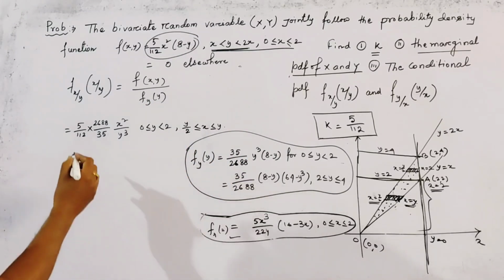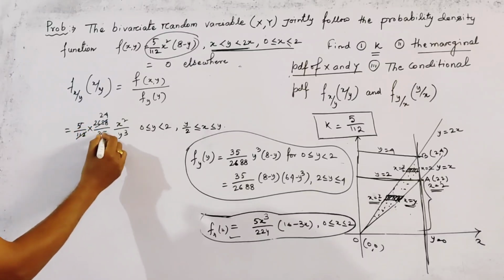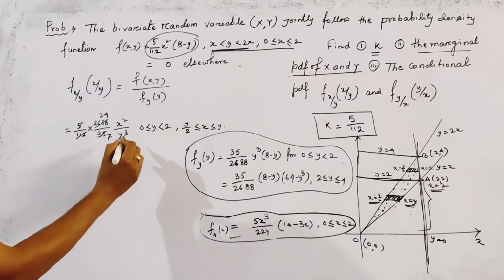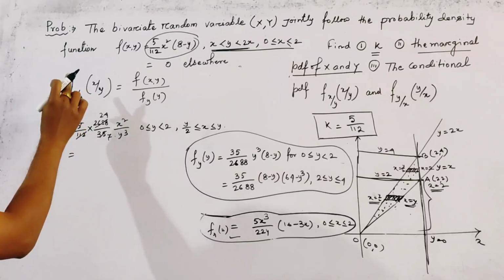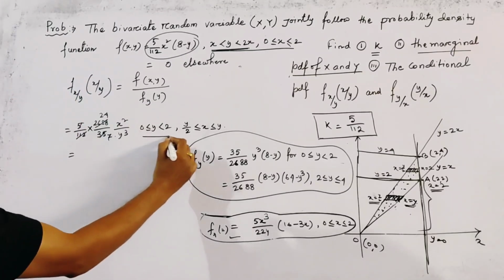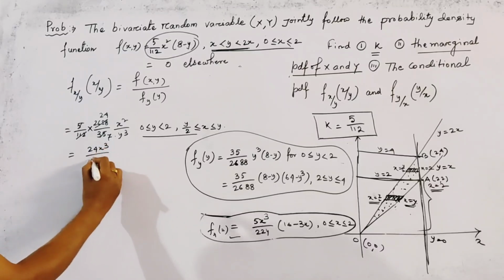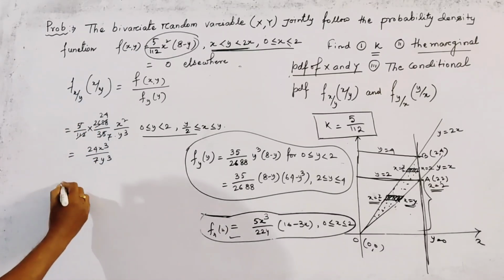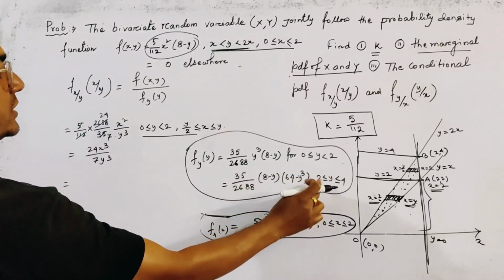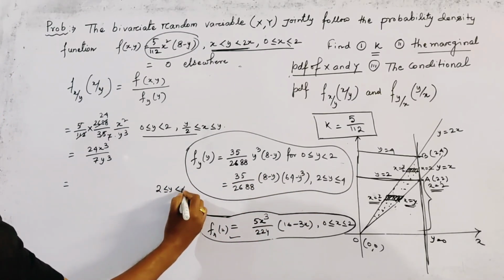Okay, and cancelling these two terms, this is 24 and this is 7. So we get the conditional PDF of x given y in between this range as 24 x square by 7 y cube. Okay, now if we take this range, 2 less equal to y less than or equal to 4.